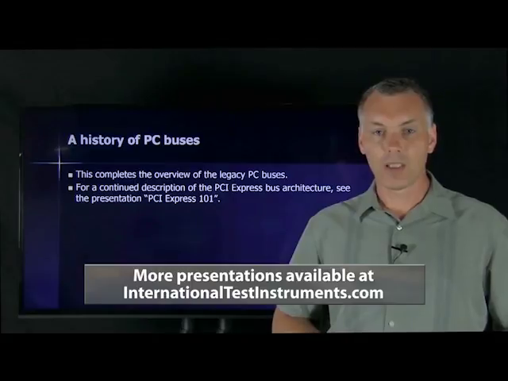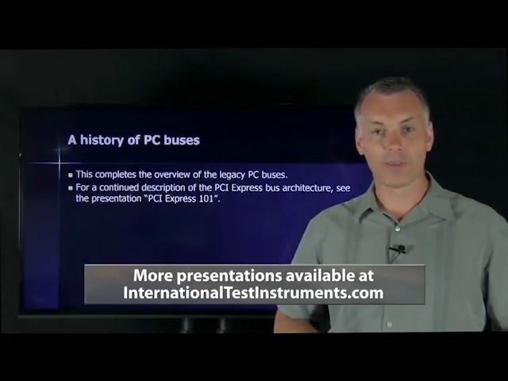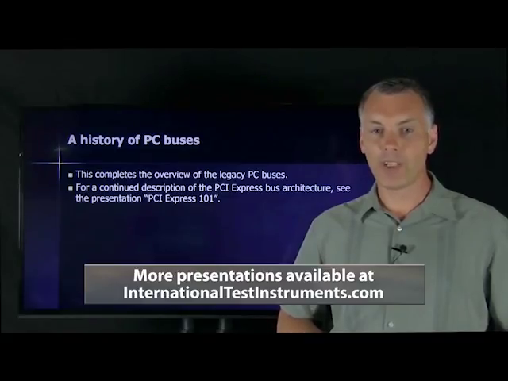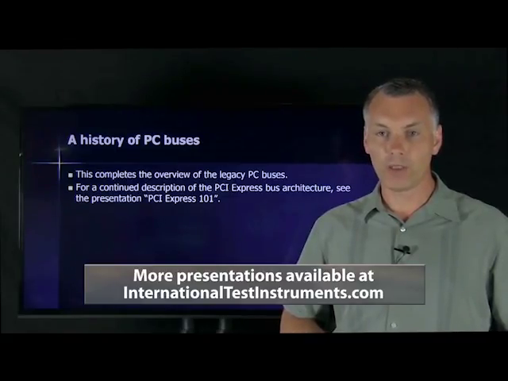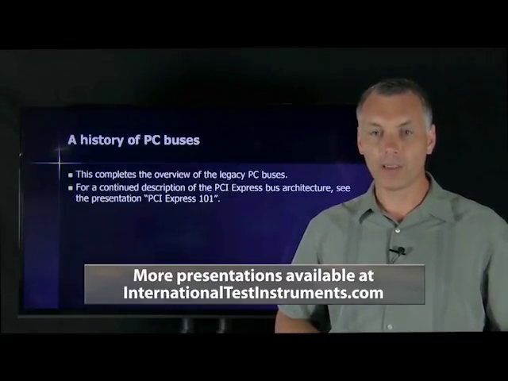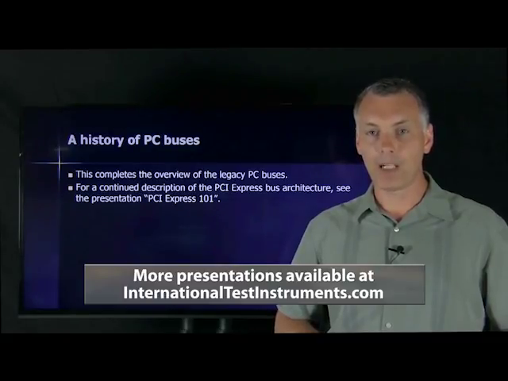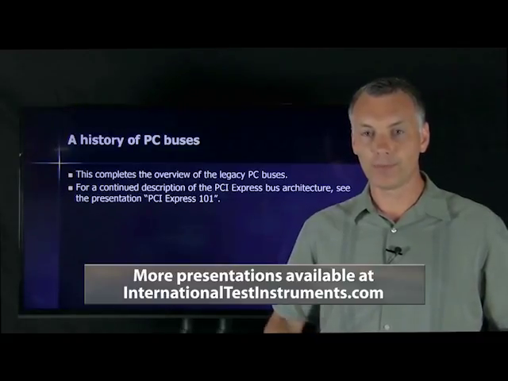And to learn more where we left off, please see the separate presentation PCI Express 101, in which I will be covering many technical details of PCI Express and how it is very different from the parallel buses that preceded it. Thank you very much.